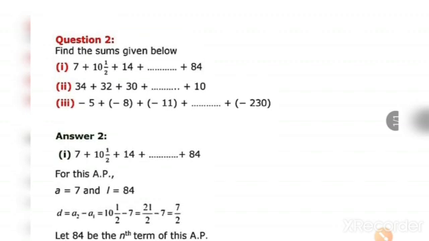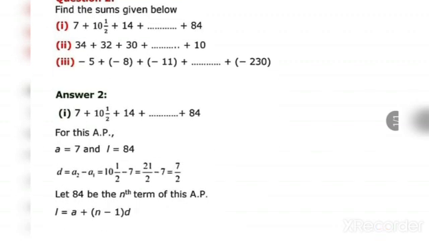So let's take one example. 7 plus 10 into 1 by 2 plus 14 plus up to 84. So in this kind of example we have to take A is equal to 7 over here, L is equal to 84.